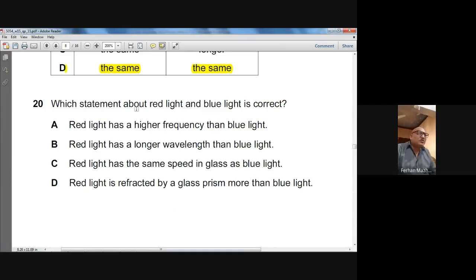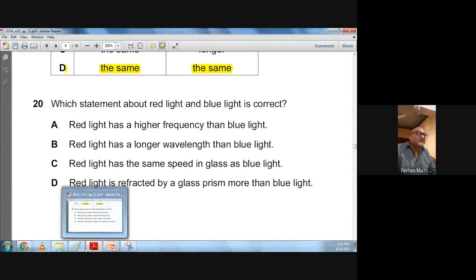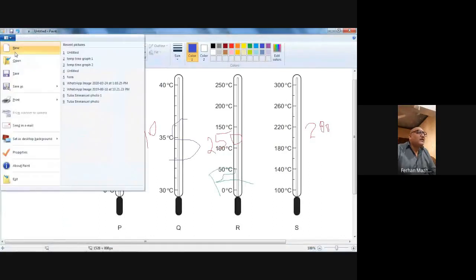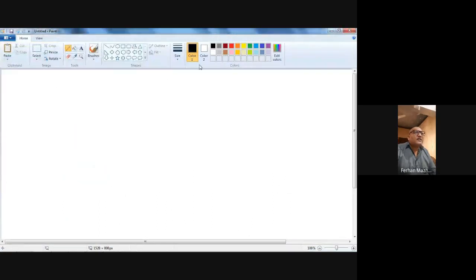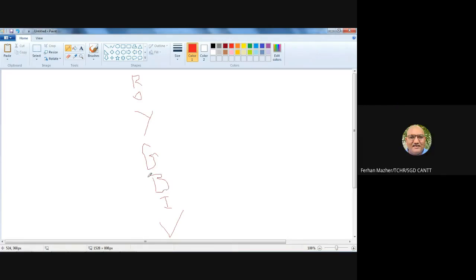If you remember those code words, the code words are very simple. What are the code words? The code word is Roy G Biv.